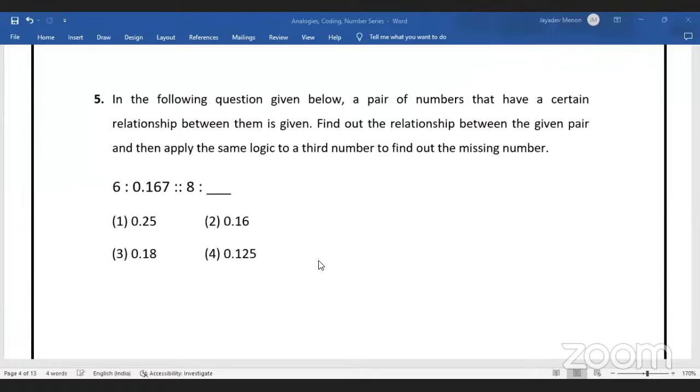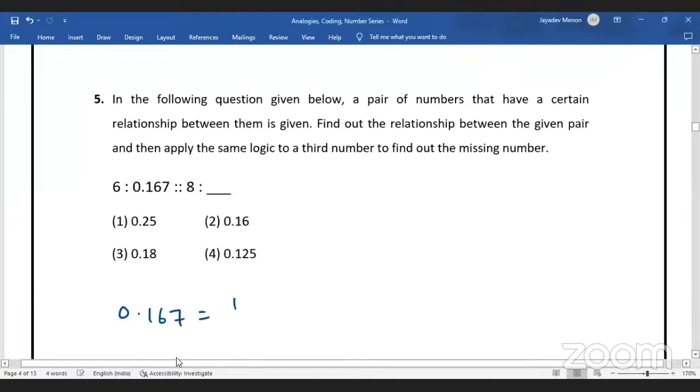Very good, Kavya, Shakti, George, Devika, Alan. 0.125 is correct. 6 and 0.167. The relation between 6 and 0.167 is actually that 0.167 is 1 by 6. So 6 and 1 by 6.